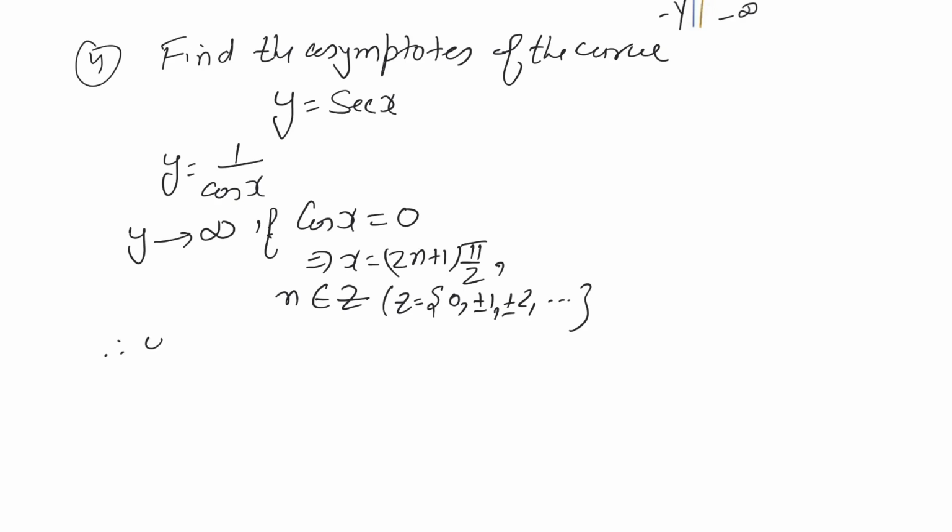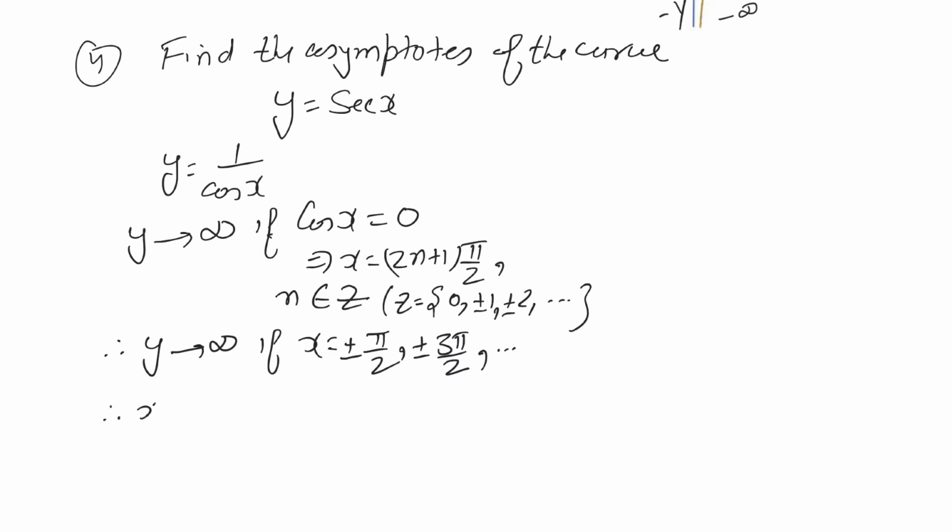Therefore y will approach infinity if x will be pi by 2 when n is 0, and when n is minus 1 it is minus pi by 2. Similarly, putting positive and negative values, plus 3 pi by 2, minus 3 pi by 2, and so on.